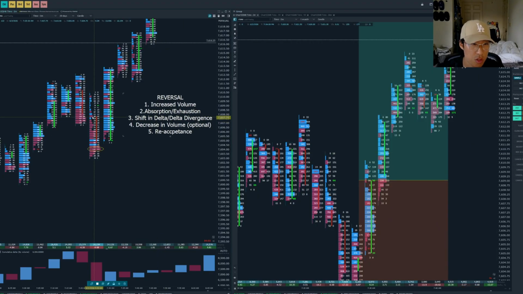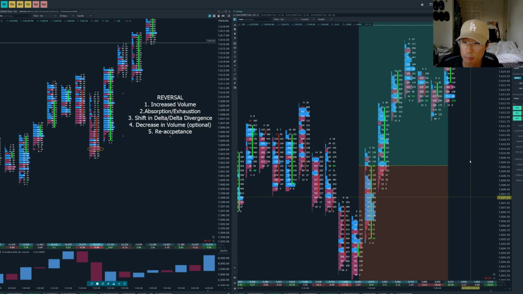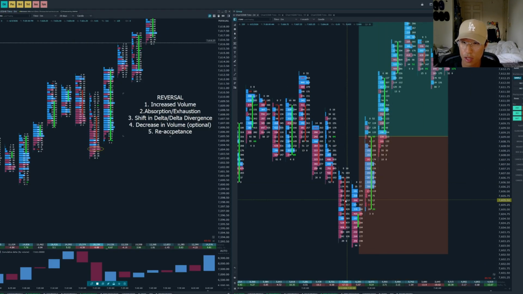But the first confirmation we get here is an increase in volume, and we get the shift in delta from negative 9% to positive 6%. Over on the 2-minute chart, we get the increased volume, and then the eventual shift from negative 17% to positive 9% and the decrease in volume afterwards. We get signs of absorption here as well, right? If you look, negative 5.97 delta.